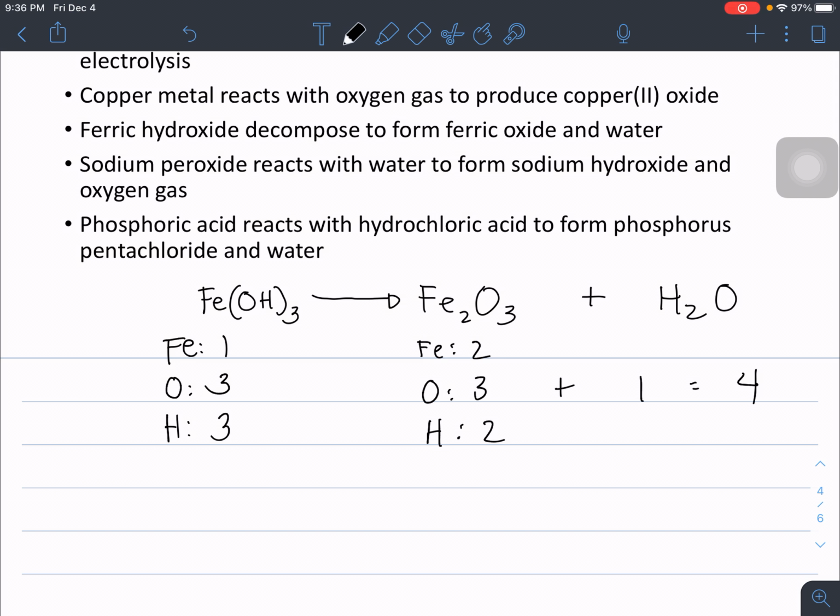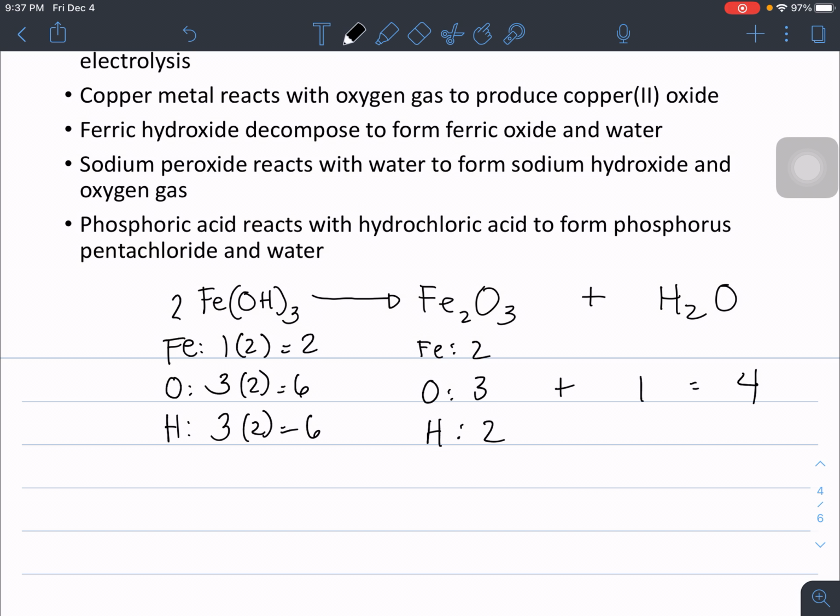So to balance iron, I should place 2 on the ferric hydroxide. 2 on ferric hydroxide. So this will result in 2 atoms of iron. Oxygen will be multiplied by 2, will be 6, and hydrogen will also be multiplied by 2, which will be 6.